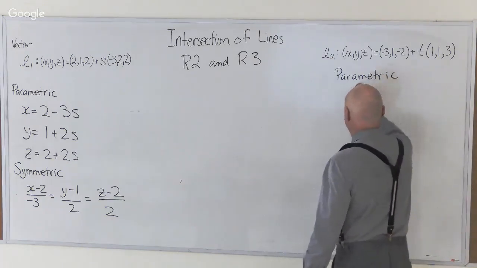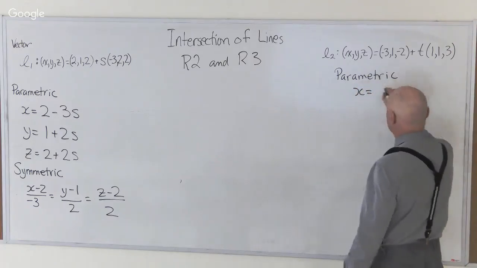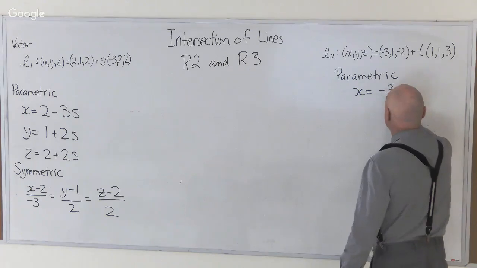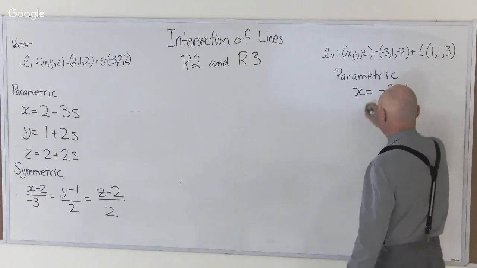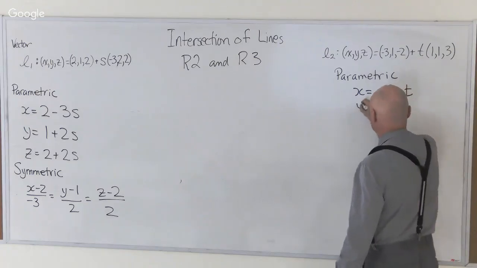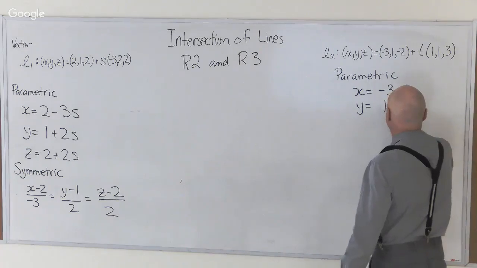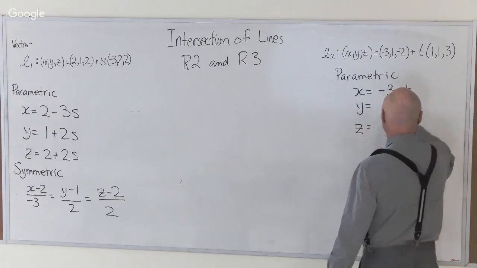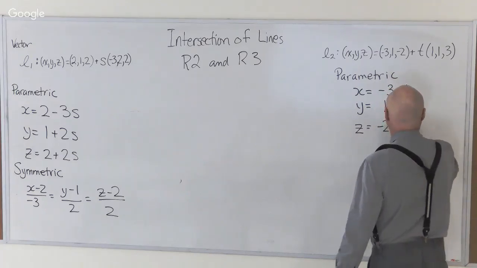Okay, parametric form for the second line: x equals negative 3 plus t. Start at negative 3, go over t times 1 unit. y is equal to 1 plus t, and z is equal to negative 2 plus 3t.